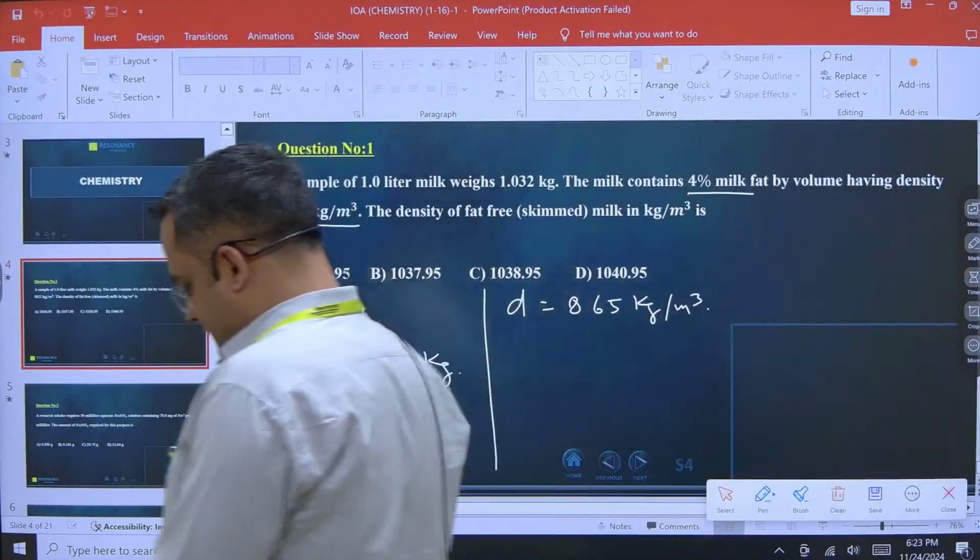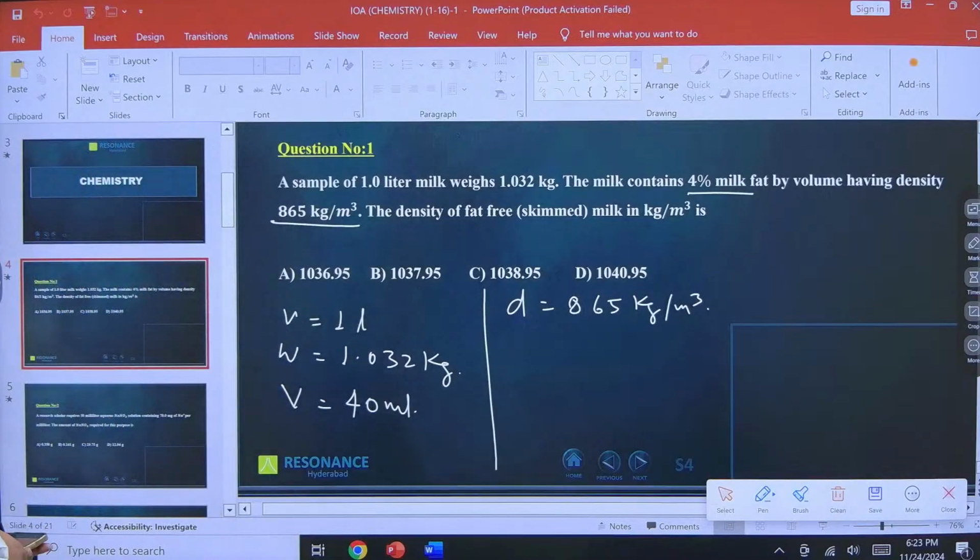So from here we have to calculate the density of fat free milk. First we have to calculate the mass of the fat. How will we do that? Volume is 40 ml and density is 865.